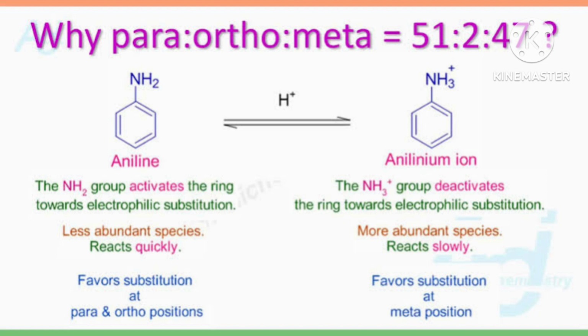Then with H2O, H plus will go to the nitrogen, it will form NH2, and C will join with OH minus, because C is positive, it will form CH3COOH. Hence you will get only one product, para-nitroaniline.